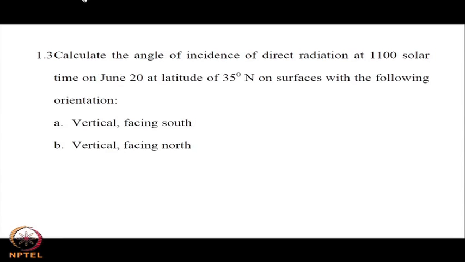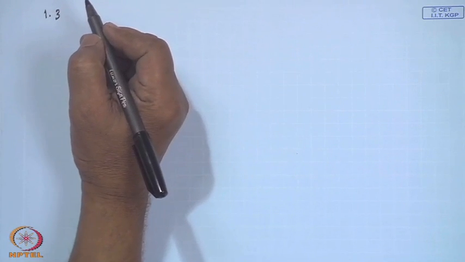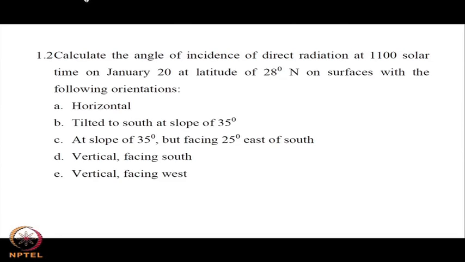So, we shall go to problem 1.3. The previous exercise is basically to tell you the difference between a horizontal surface tilted towards south and the effect of the time and whether it is off south facing, like azimuthal angle being west or whatever, right.